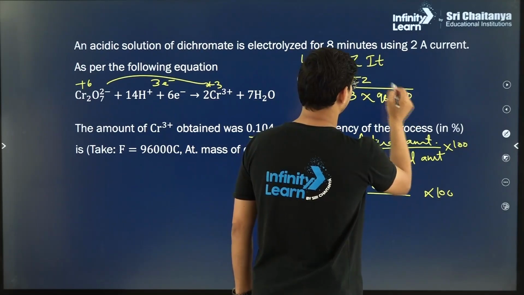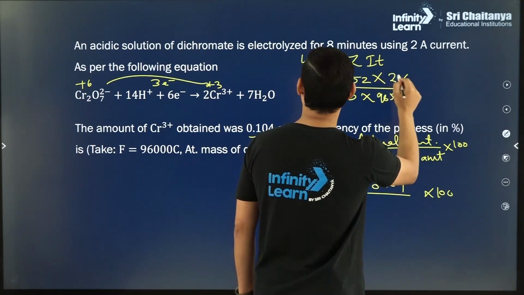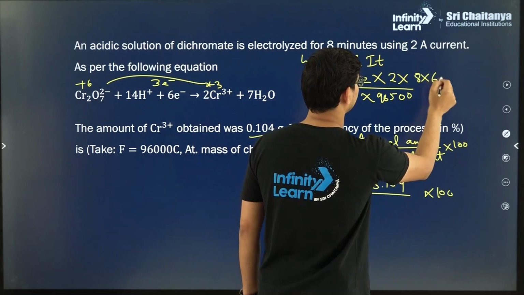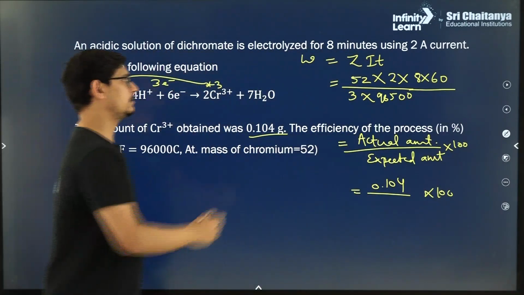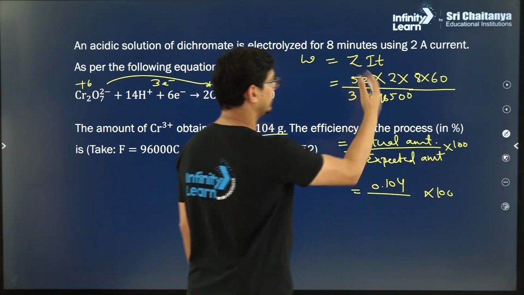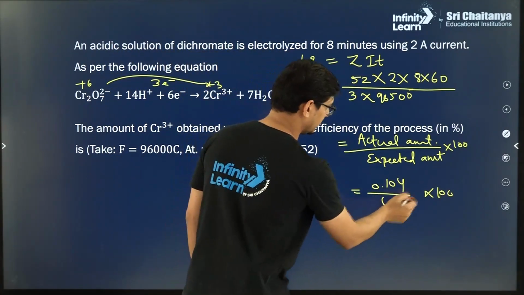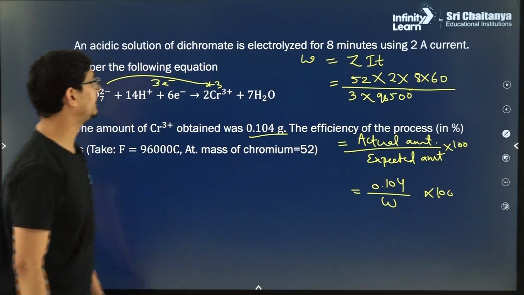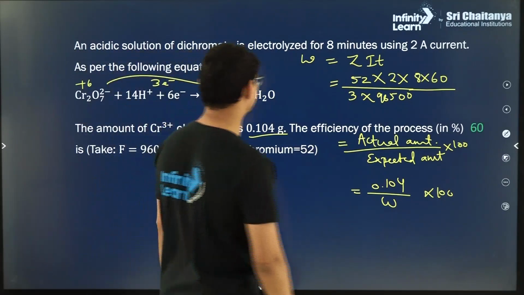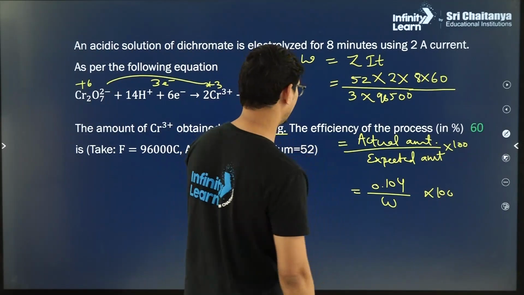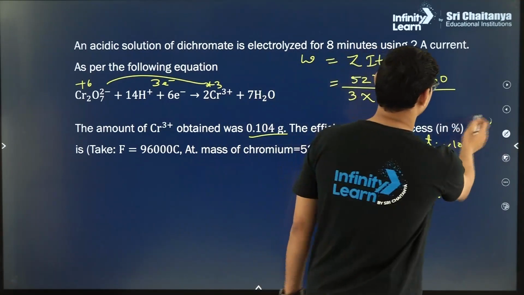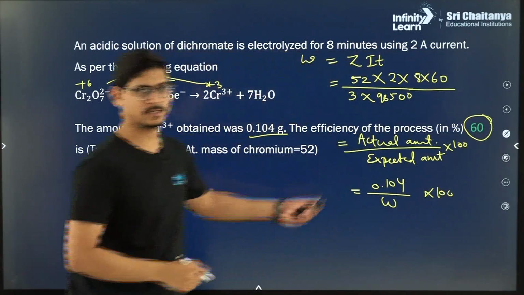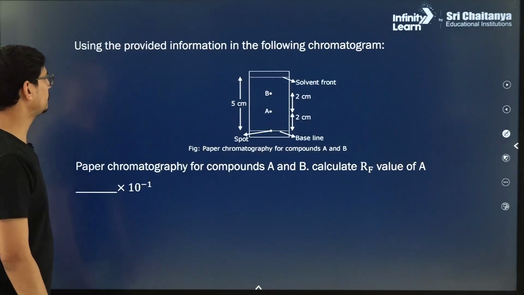I can take 96500. Current is 2 ampere, time is 8 minutes, multiplied by 60 to convert into seconds, right? So this is your W, expected amount. So you put it here and do this calculation. You will find the answer will be how much? You can calculate, right? What is the correct answer? It will be 60%, right? So simple calculation after that you can do.